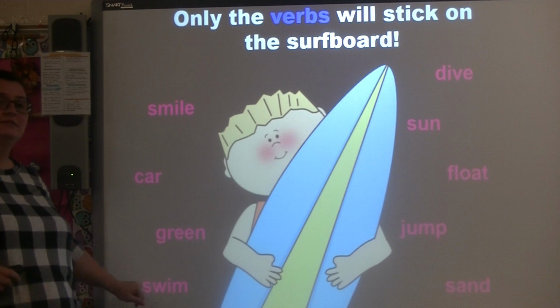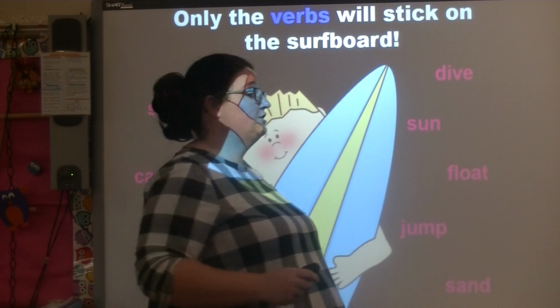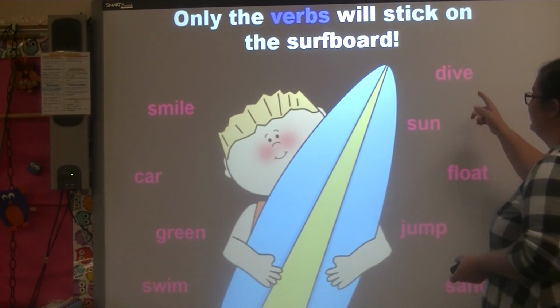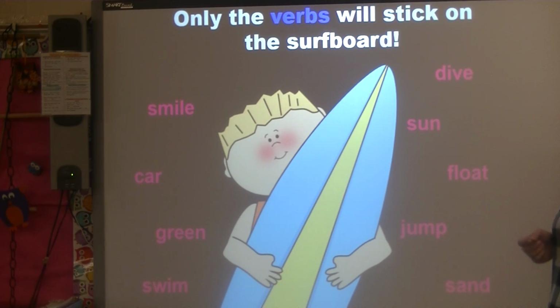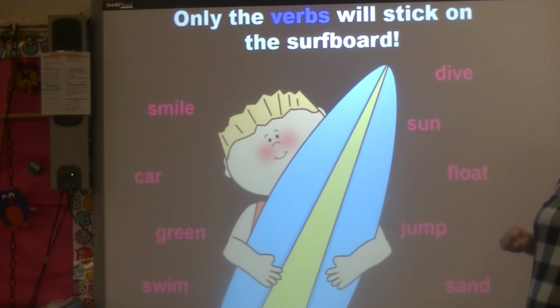Swim. Remember, it's something you can do if it's a verb. Dive. Sun. Float. Jump. Sand.